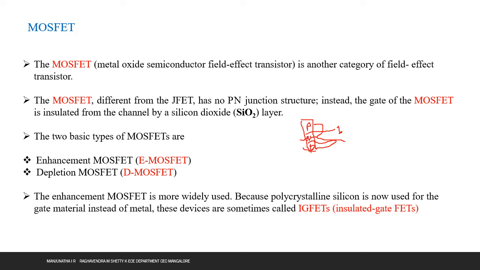So in PNP we can observe two PN junctions. It is similar in the NPN type JFET.